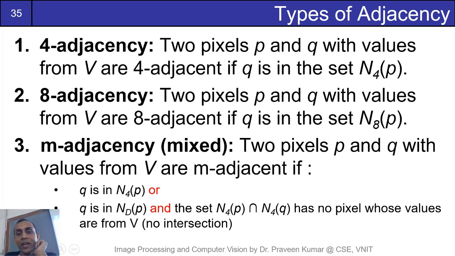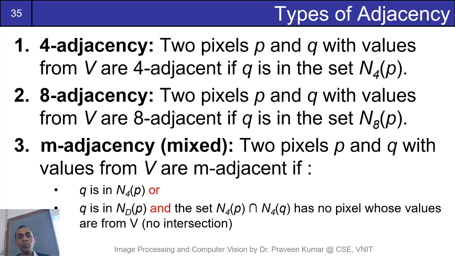Mixed adjacency is defined slightly differently. Two pixels p and q with values from set V of equality are called M adjacent if either q is a four neighbor of p, or if it is not one of the four neighbors, then it should be a diagonal neighbor.